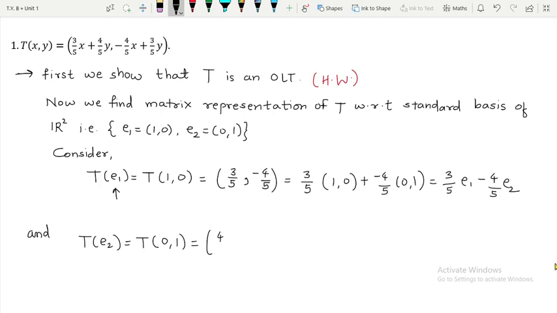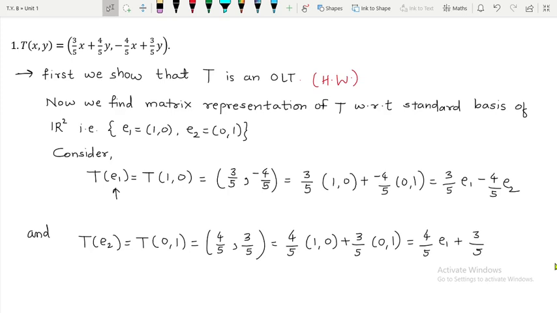So it will be (4 upon 5, 3 upon 5), which can be written as 4 upon 5 (1, 0) plus 3 upon 5 (0, 1), which is equal to 4 upon 5 E1 plus 3 upon 5 E2.